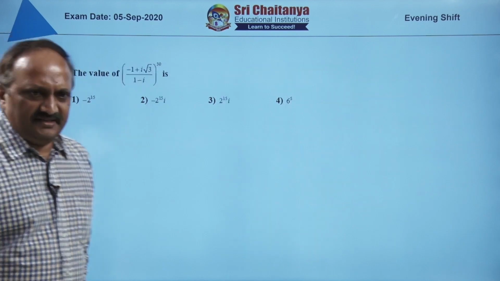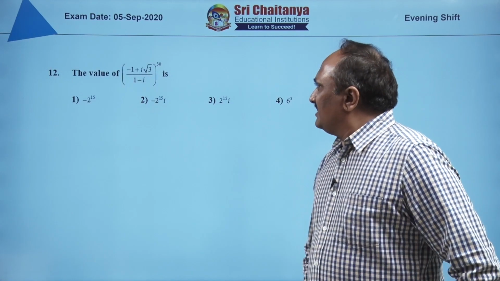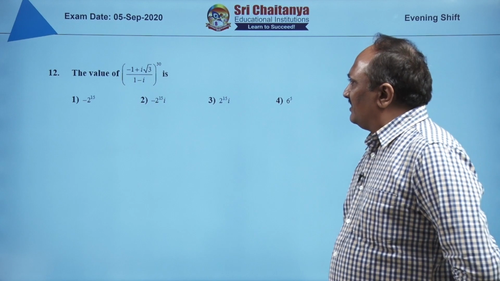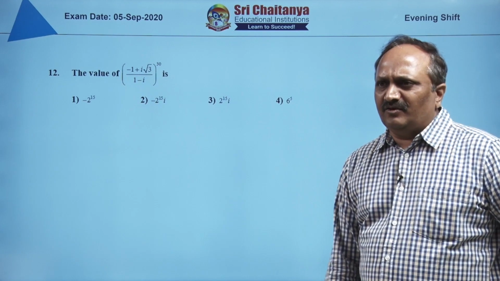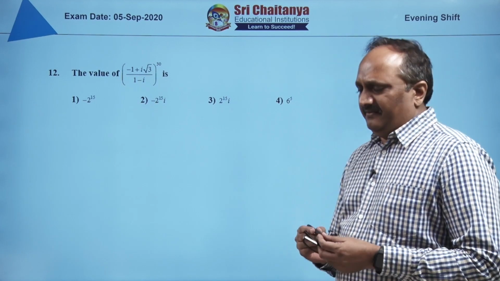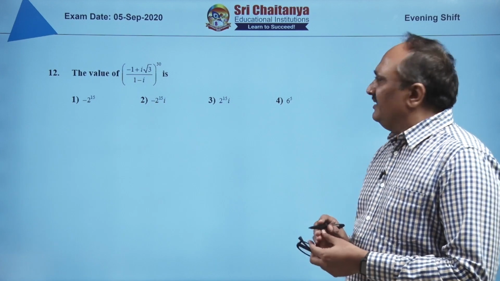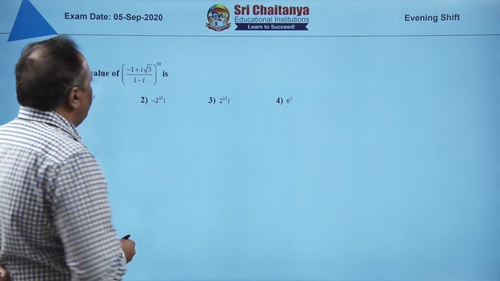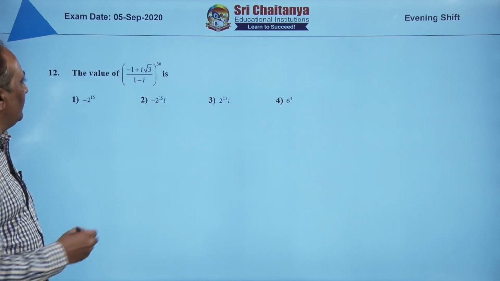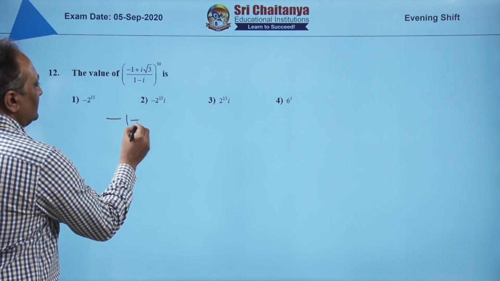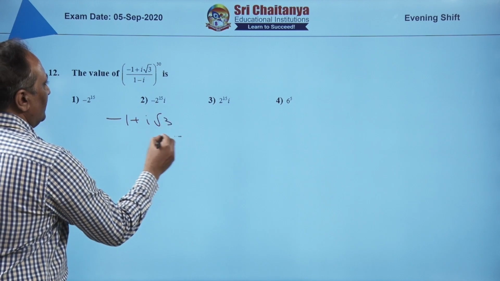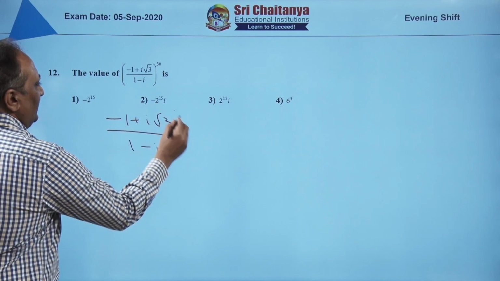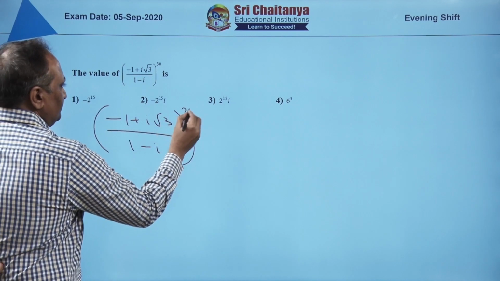Coming to the next question, the value of minus 1 plus I root 3 whole power 30 by 1 minus I whole power 30, and in this case writing the value of this in De Moivre's form, minus 1 plus I root 3 in polar form, divided by 1 minus I whole power 30.